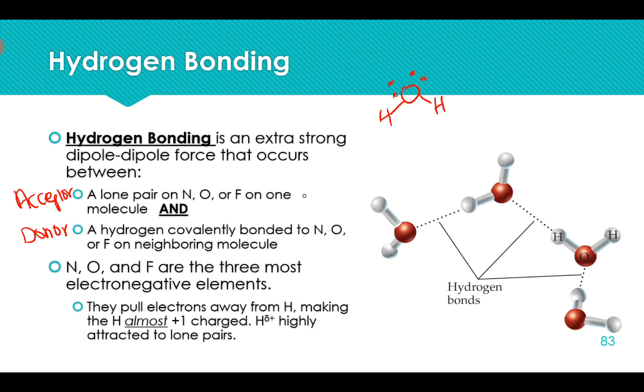We are going to need to have a lone pair on a nitrogen, oxygen, or fluorine, such as that one. And so that's going to be our acceptor to take on a hydrogen bond from another molecule. On another molecule of water, we need to find a donor, which means a hydrogen that's covalently bonded to a nitrogen, oxygen, or fluorine, a NOF. NOF is NOF. And so this is our donor. And so a hydrogen bond forms between there.